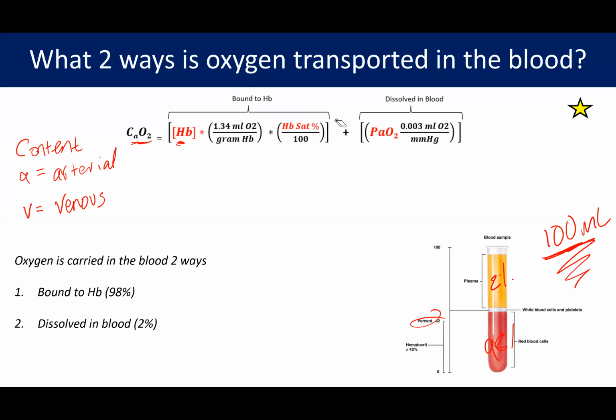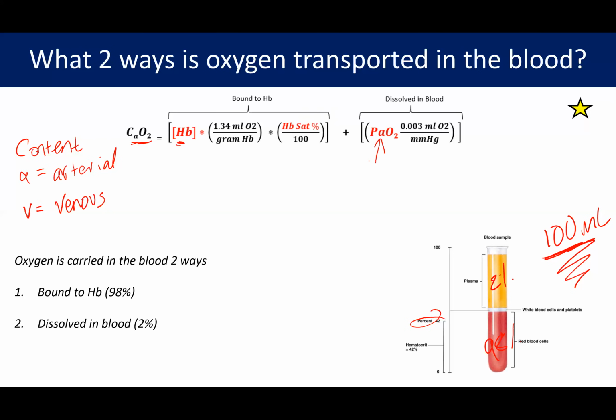Now we also have to calculate how much is floating around in the plasma, or dissolved. And this is a really simple calculation. There's a constant here. For every millimeter of mercury of pressure, you get 0.003 milliliters of oxygen dissolved in the blood. So we just find out our partial pressure of oxygen, the PaO2.